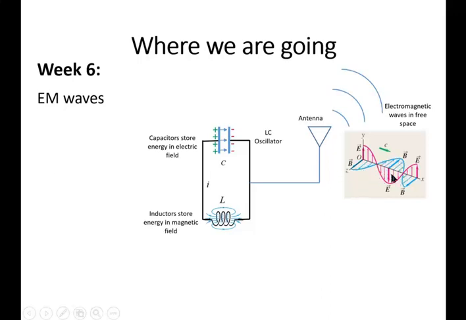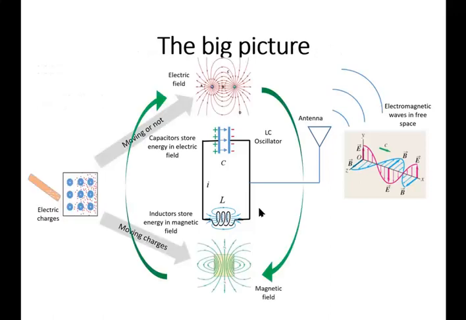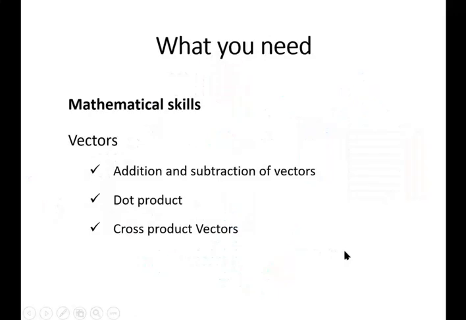As it varies, it causes the electric field to also vary. So the magnetic field will vary sinusoidally, and it will cause the electric field to also vary. We will appreciate these better when we get to the sixth week. So this is going to be our journey. Let me first of all show you the big picture. If you take this picture in your mind, you'll be able to follow the course better.